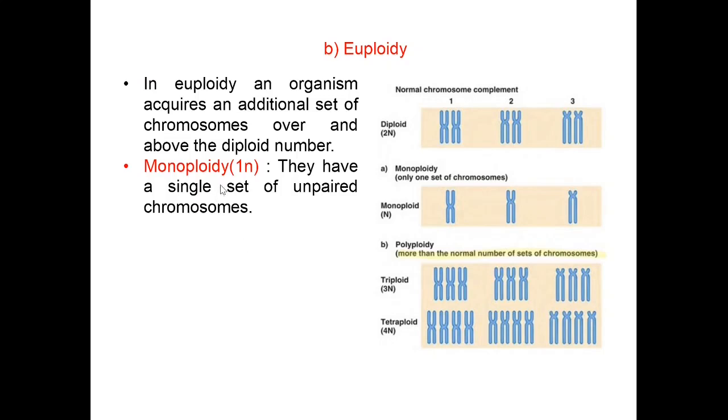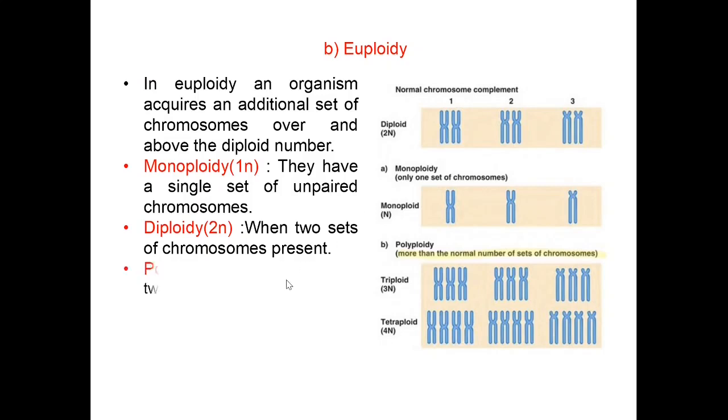First is monoploidy, that is, they have a single set of unpaired chromosomes. They are also known as haploids. Then there is diploidy, when two sets of chromosomes are present. This is the normal diploid number found in the cells of higher organisms.